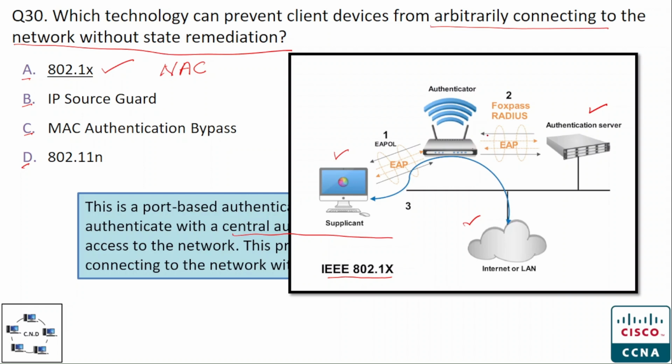The authenticator asks this authentication server whether to allow or deny access, and based on the configured policies and the state of the device, it will either be allowed to access the internet or LAN, or it will be blocked. So this is the concept of 802.1x, also known as NAC, Network Access Control.